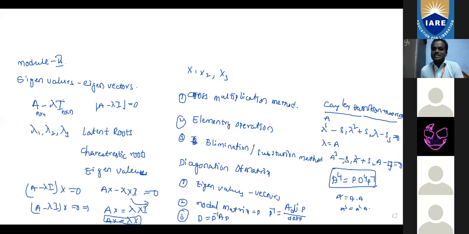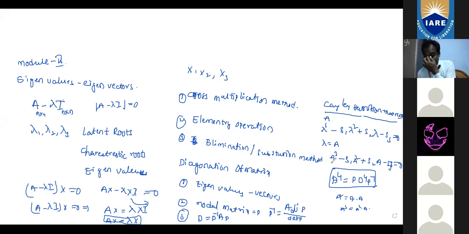And some properties of eigenvalues are based on the sum of the eigenvalues and the product of the eigenvalues. If A is a square matrix, you find its eigenvalues, and you can check whether A is orthogonal. You can find the eigenvalues of orthogonal matrices; different problems we have already discussed in these sessions.